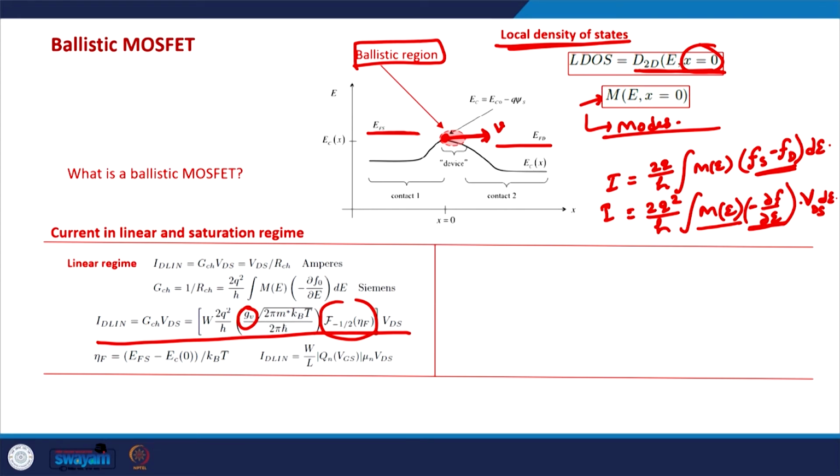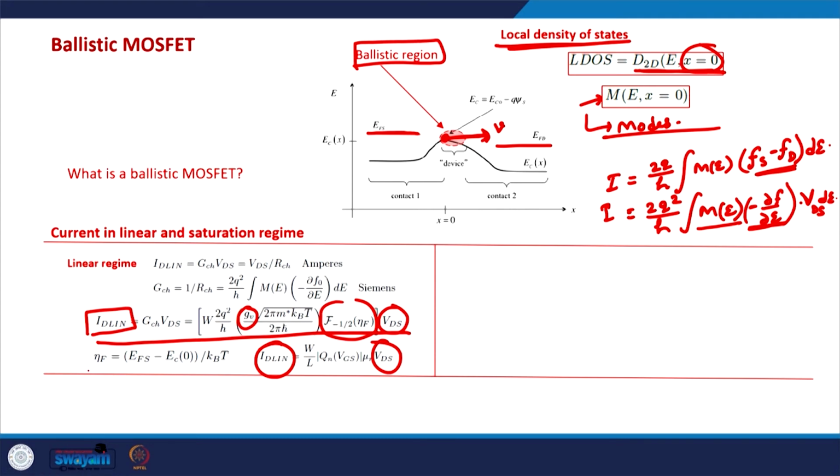So, this is what we obtain in the linear region, and as you can see, in this linear region the current is directly proportional to the applied voltage. So, it is a linear relationship between the current and the applied voltage on the drain terminal, as is expected from the linear regime.